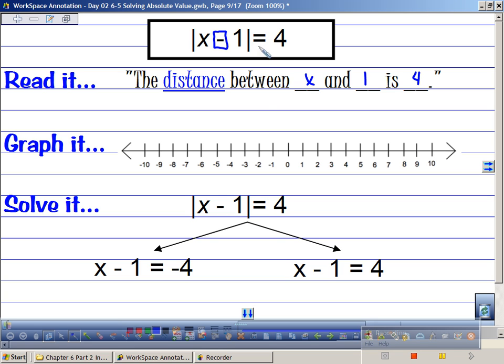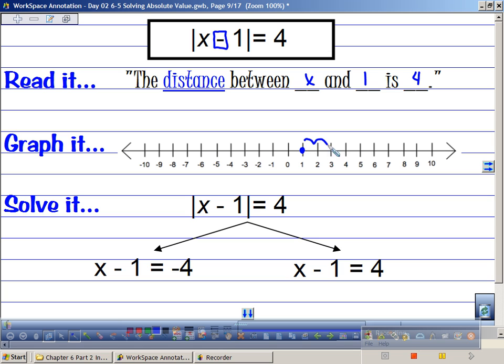Okay, so that being said, we can look at this as x minus 1 could be negative 4, meaning, where would I start on the number line here with this equation? At 1.